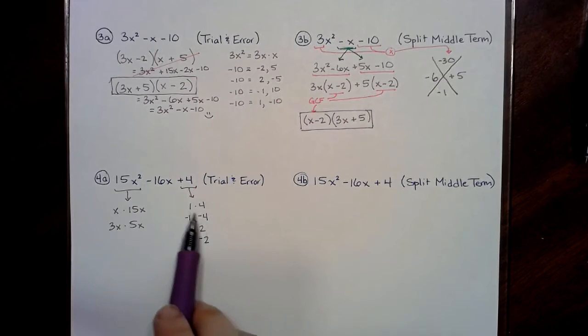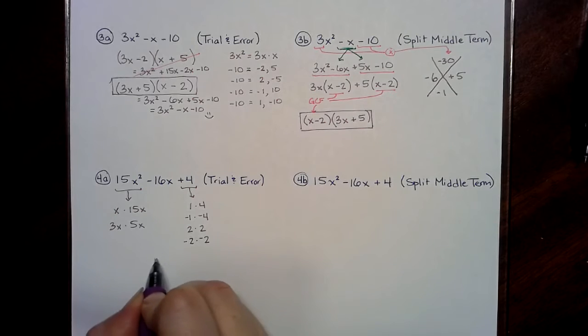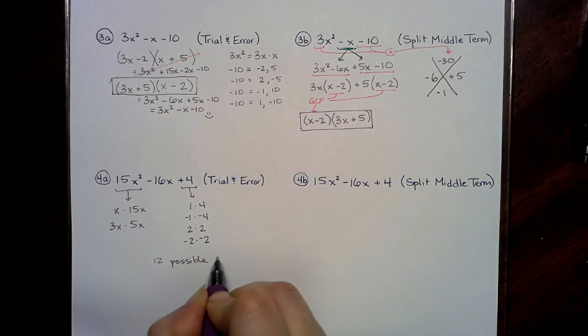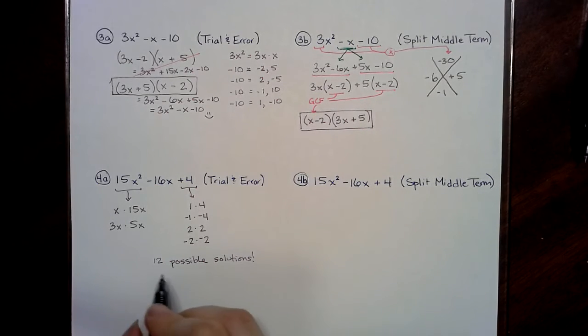So here I'm going to get 1, 2, 3, 4, 5, 6, 7, 8, 9, 10, 11, 12 possibilities.